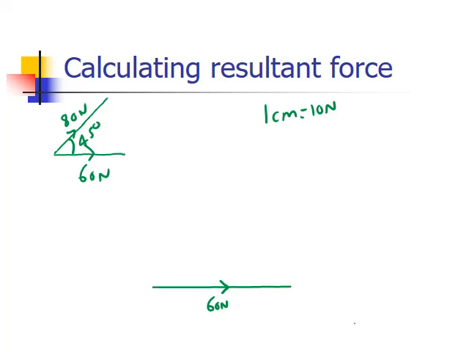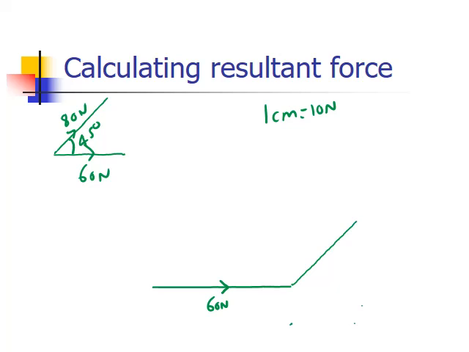Notice that in the first diagram, the forces are coming from a point. I need to redraw the diagram tip to tail. So at 45 degrees to that line, I'm going to add on my vector here, and this is going to be 8 long.